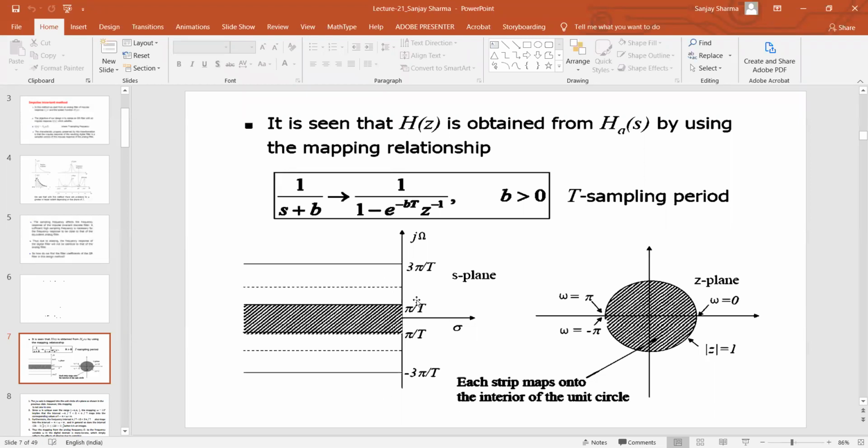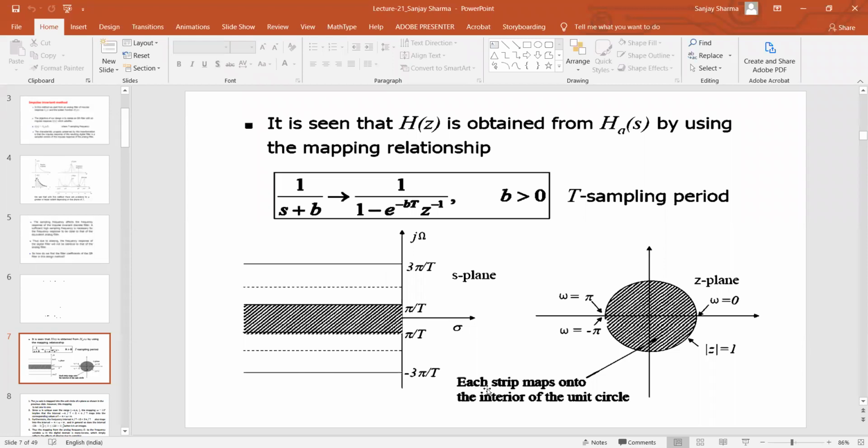Now the next strip, from pi by capital T to 3 pi by capital T, will also occupy the same unit circle space. The strip from minus 3 pi by capital T to minus pi by capital T will occupy the same unit circle space, and so on. That means all these strips within this frequency range will go inside the unit circle.